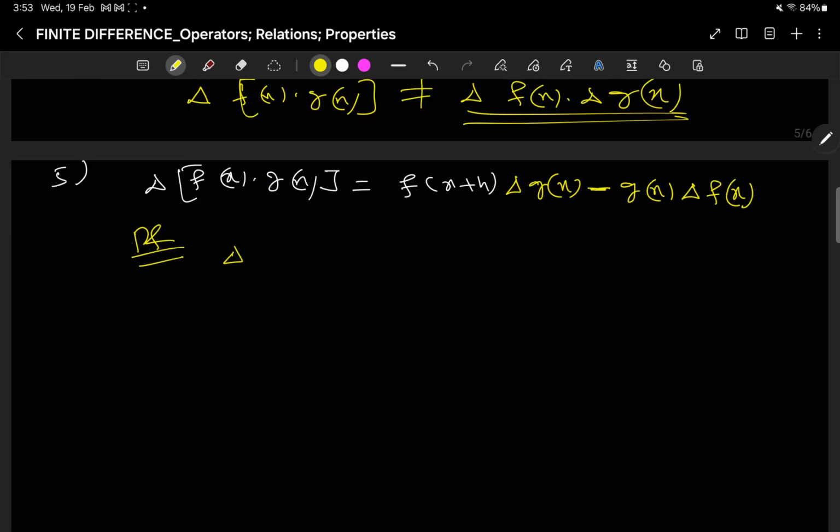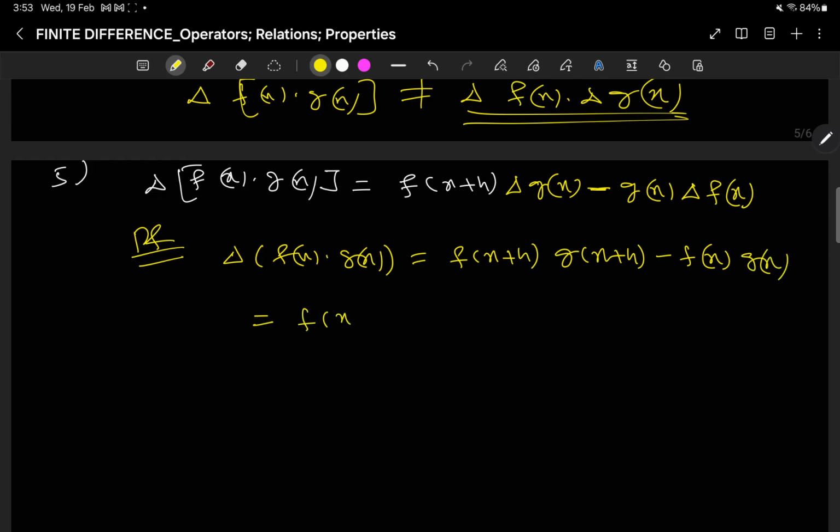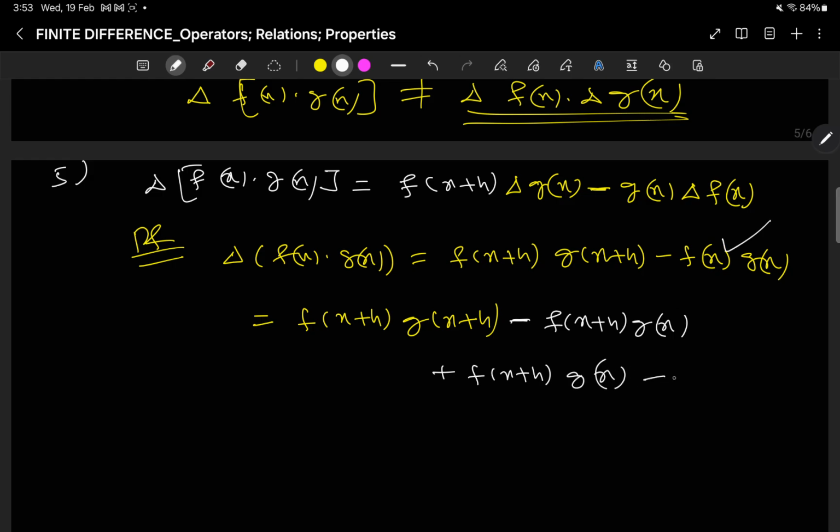The proof is like this: del of f x into g x will be f of x plus h g of x plus h minus f x g x. So this is equal to, you write f of x plus h g of x plus h, you subtract f of x plus h g x and add f of x plus h g x, and minus f x into g x.